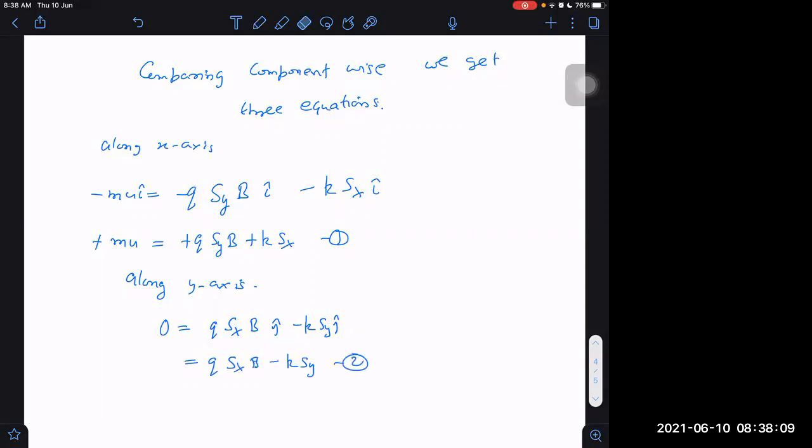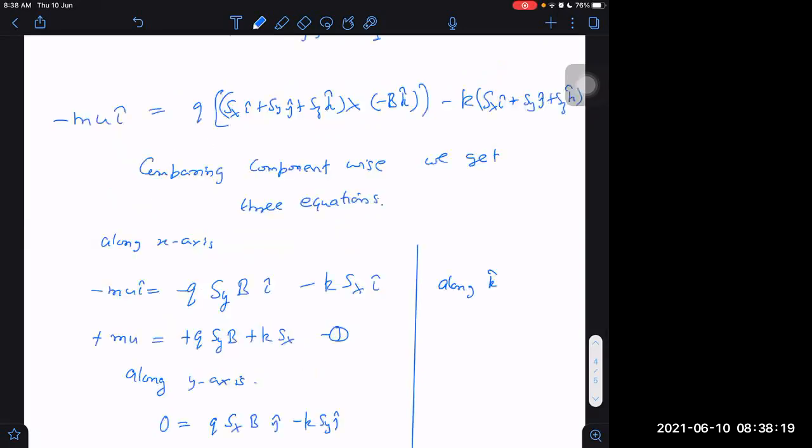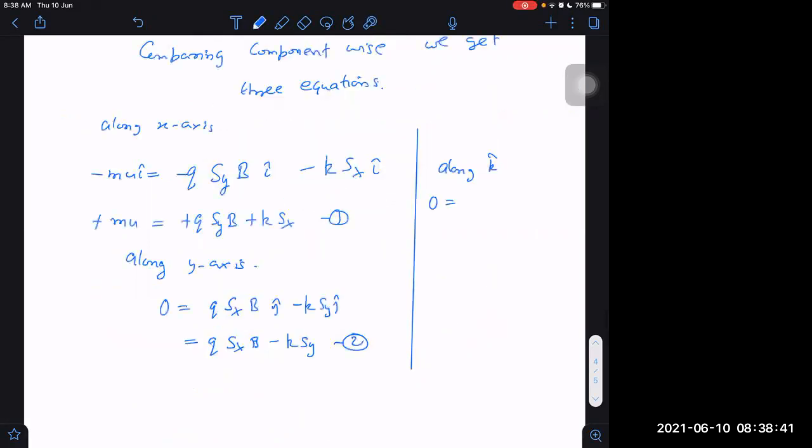Now come to the third one, along k cap. Along k cap, the left side is 0, and the right side will also be 0, since k cap into k cap gives nothing. I understood why we are getting 0 equal to 0: because I don't need Sz.